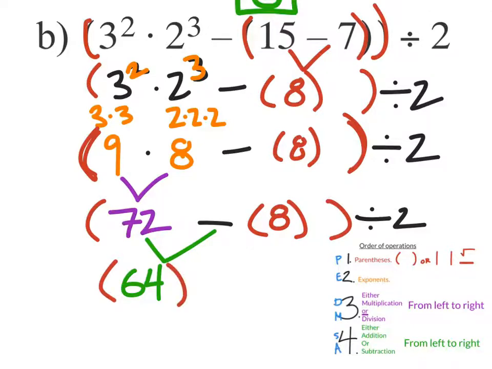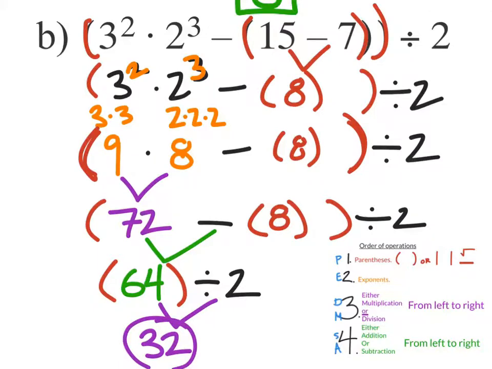So that kind of finishes off that set of big red parentheses. And I'm left with 64 divided by 2, which is division on the outside. 64 divided by 2 is 32 right there. So final answer on this one is 32.